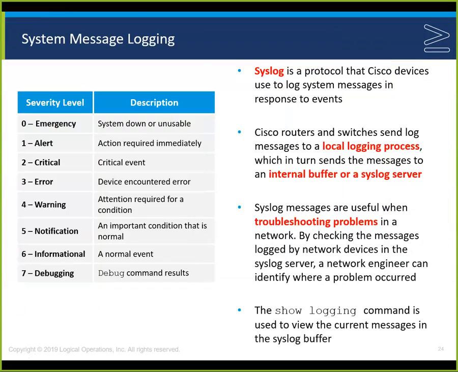So logging can be sent to a syslog server, and we have to specify. You don't just say logging, you have to specify which severity levels you want sent to you. So the ones here, emergency, alert, critical, error, what do we want to see in the logging itself?